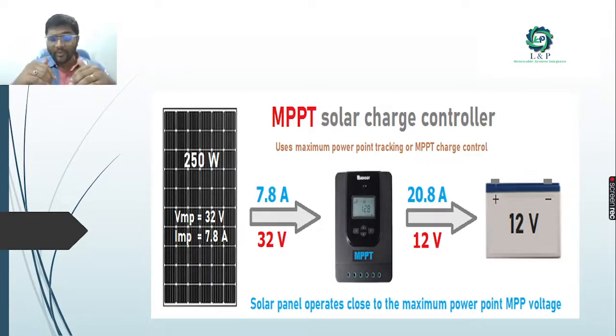But actually we don't need this much voltage, and we need a little more current. So it is enhancing the current, so that eventually what is required for the battery to charge is available. We have a proper 12 volt supply for the battery to get charged, but we have enhanced the maximum power point by increasing the current. That is what the MPPT solar charge controller is doing.